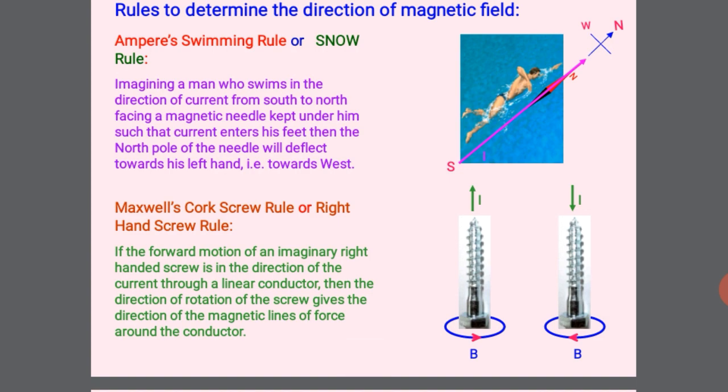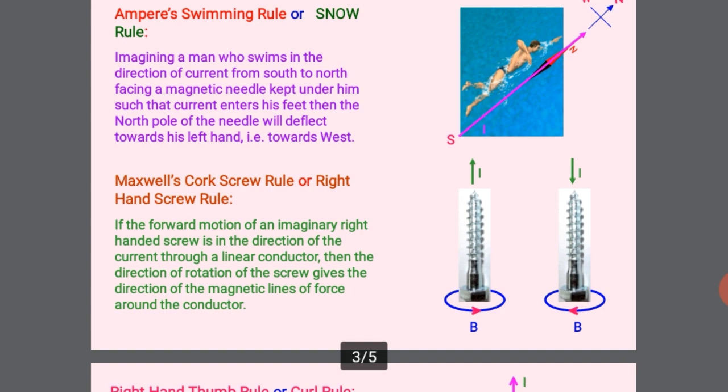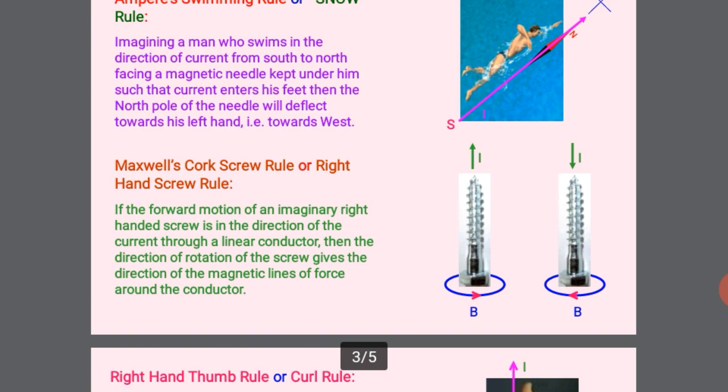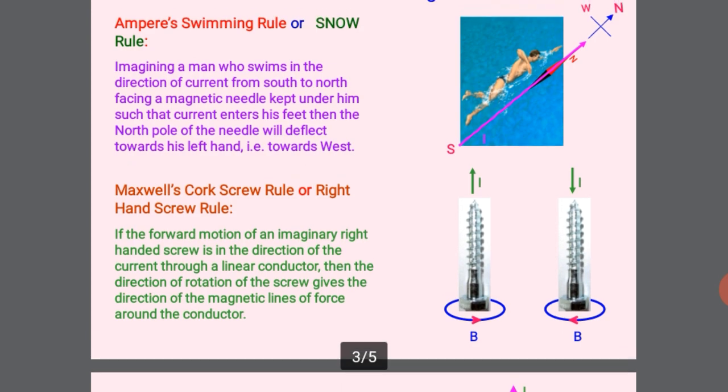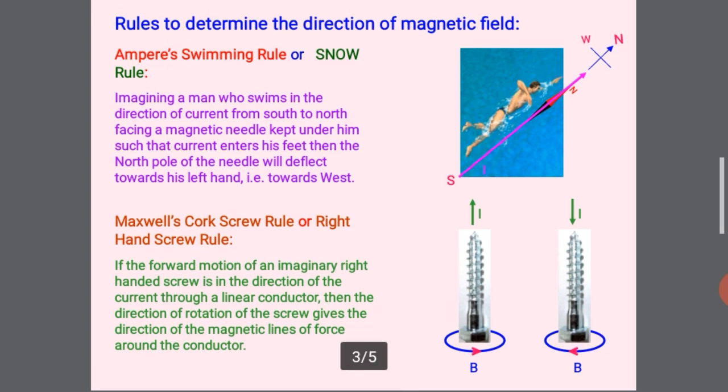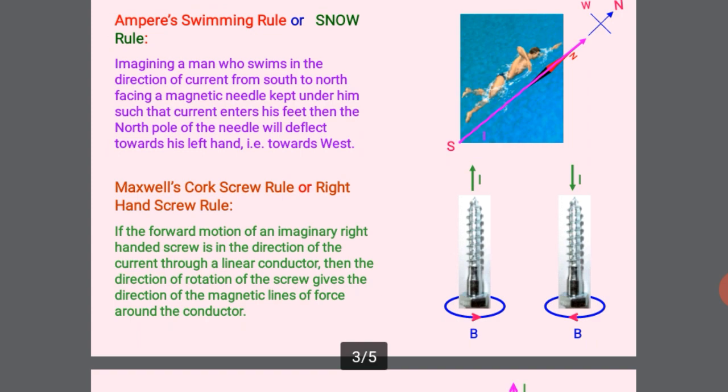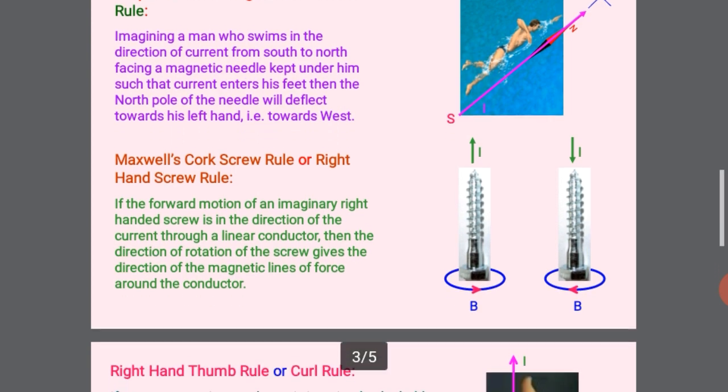Here in the diagram you can see, if you imagine a man who is swimming in the direction of current from south to north facing a magnetic needle kept under him such that current enters his feet, then the north pole of the needle will deflect towards his left hand, meaning towards west. This rule is known as the SNOW rule. Here S stands for south, N stands for north, O stands for over, and W stands for west.